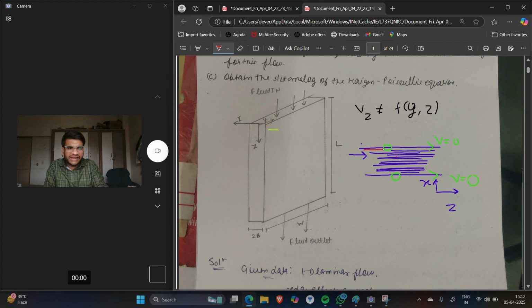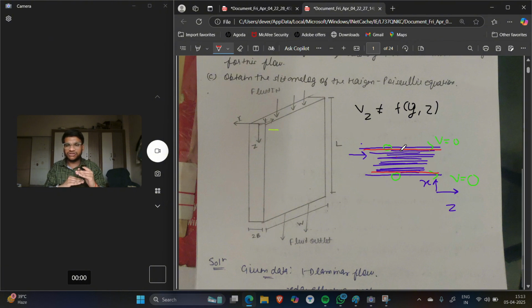Suppose this red layer is in contact with this wall, and this red layer is in contact with this wall, meaning the very next layer after the wall is my red layer of the fluid. I hope you understand this. So the tendency of this wall on this layer of fluid will be such that it forces the layer of the fluid to be stationary.